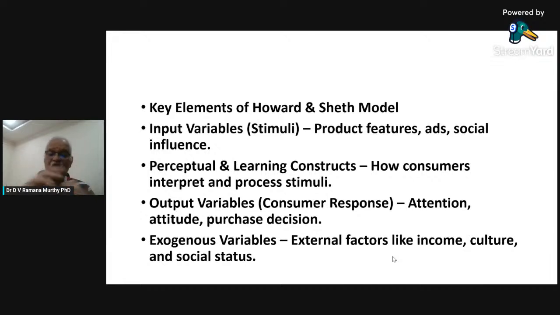So your focus should be on high income customers. External factors like income and the culture in which the consumers move are also very important. What is their social status, etc., must be examined before you plan your marketing information.